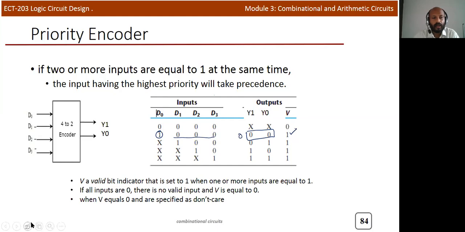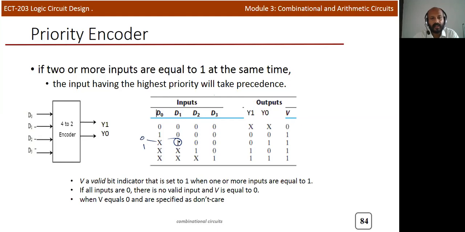Okay. Now we can consider another case when D1 is equal to 1 and D2, D3 are equal to 0. But D0 can be either 0 or 1, and it is a don't care condition, because it's a priority encoder.